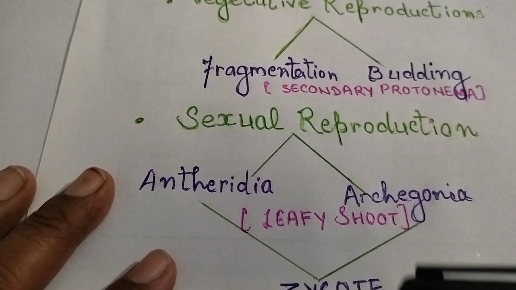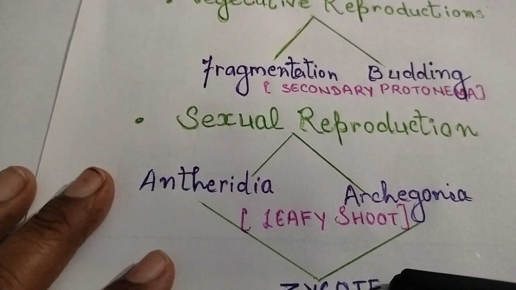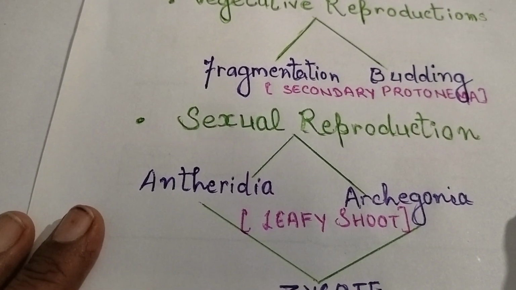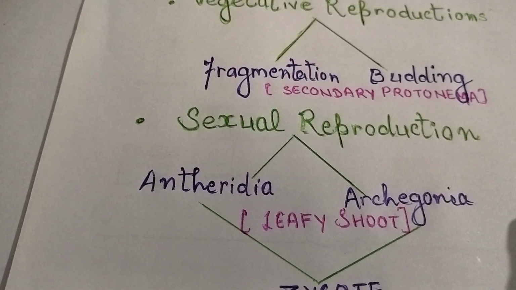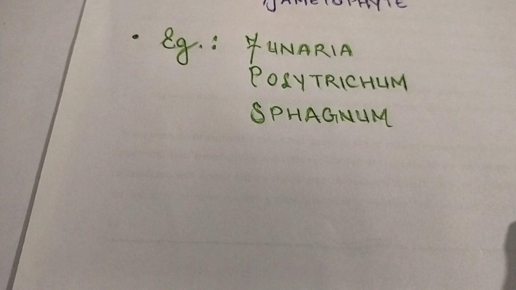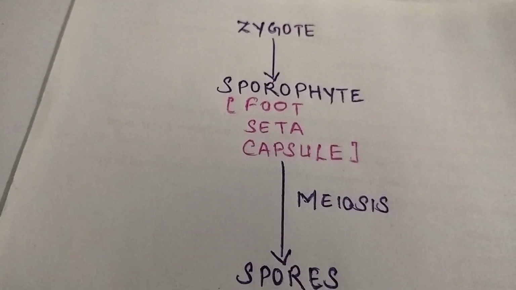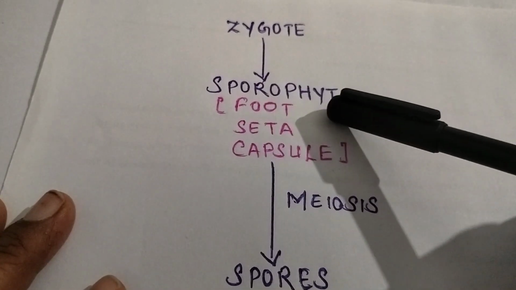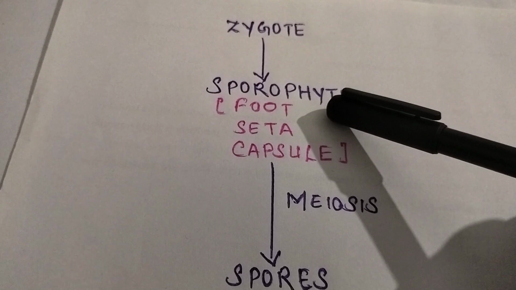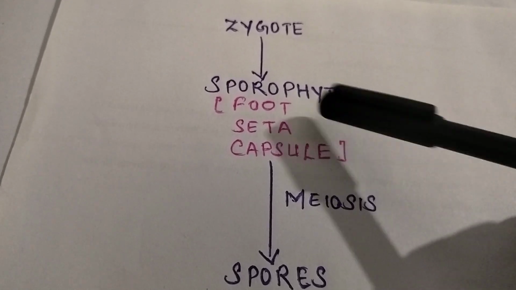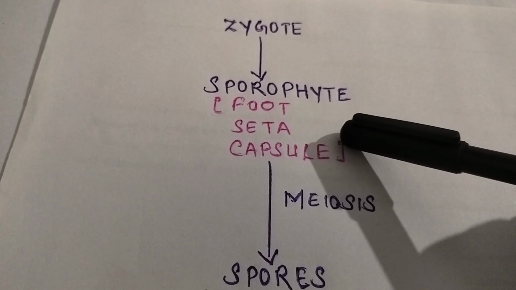Antheridia and archegonia produce male and female gametes. Male and female gametes fuse, fertilize to form zygote. And we have studied many times that zygote here in Bryophyta does not directly undergo meiosis. It grows into sporophyte. A sporophyte consists of three parts: foot, seta and capsule.